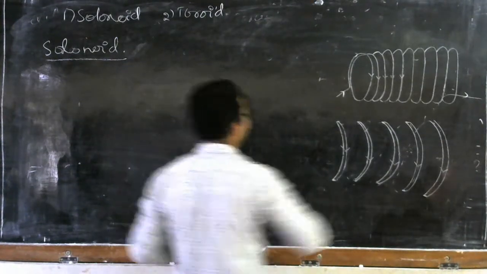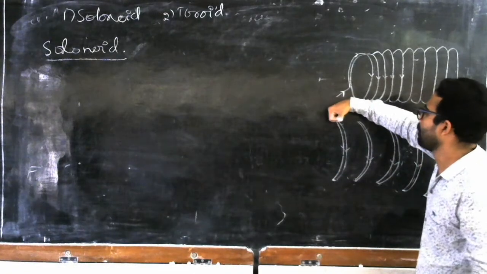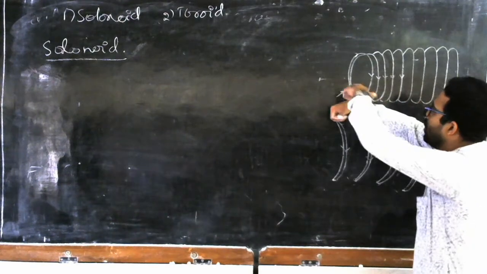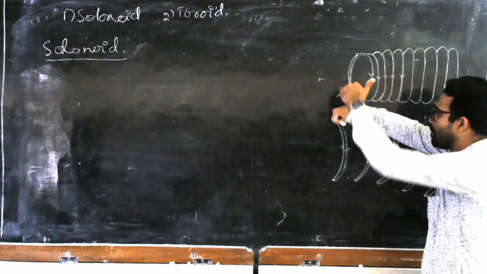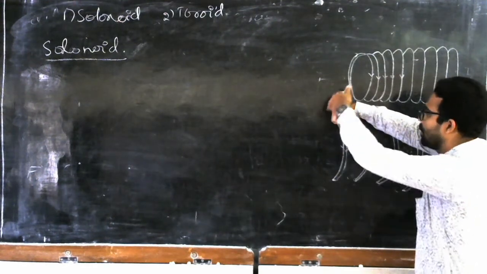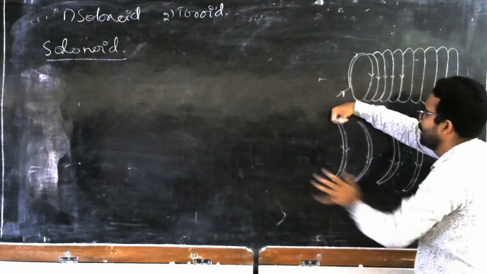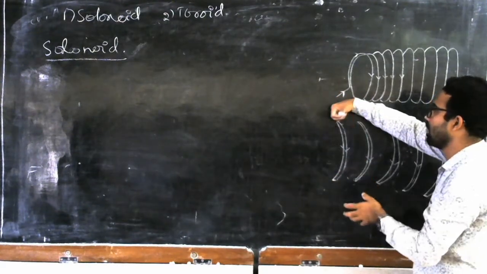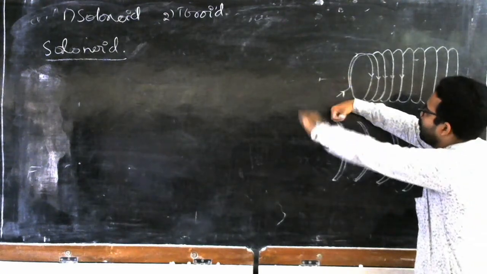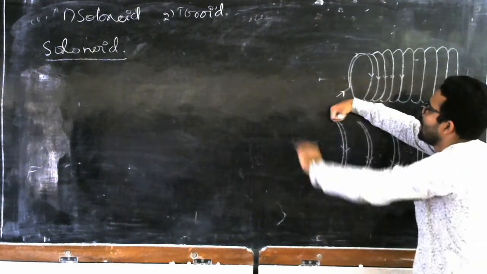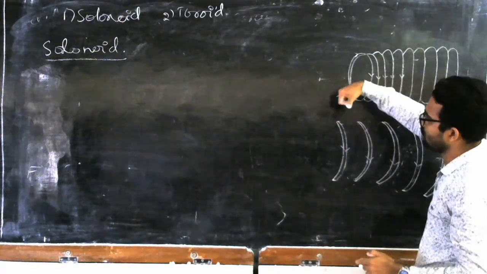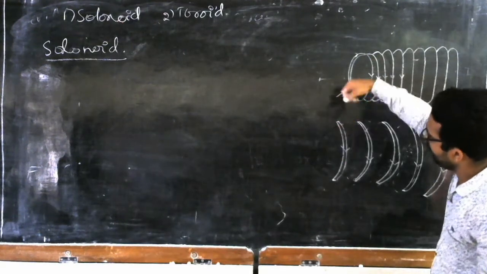In a similar way, you have to apply the right hand rule to find the direction of the magnetic field. See here. Imagine that this is the part of this coil which is coming out of this plane. I am holding this wire with my right hand. My fingers are curling, so this is the direction of my magnetic field, and this is the direction of current. The conductor will follow this path.